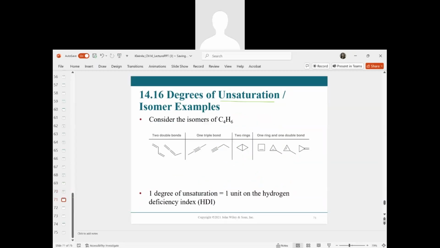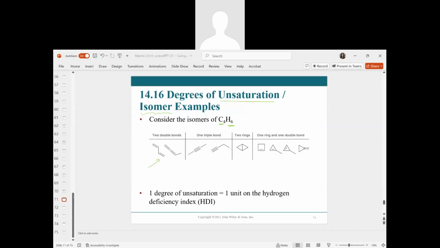So again, when we have unsaturation, we know that means we remove hydrogens, but we can have some different isomers possible with the same number of carbons and unsaturated amount of hydrogens. Here we can see that C4H6 can be represented in many different ways. We know that there are 2 total degrees of unsaturation.